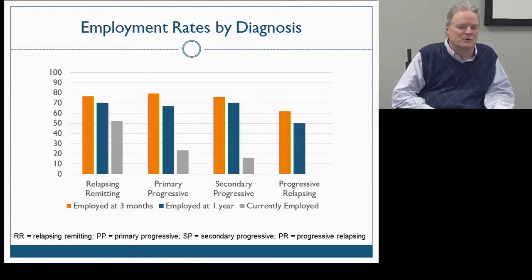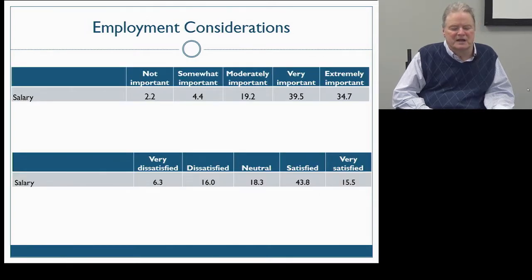So I'm not going to talk about employment considerations and satisfaction other than to just briefly note that among the 10 items, one of them was salary, and since actual salary is one of the primary outcomes within this presentation, just to show that salary-wise, that's very important to people.